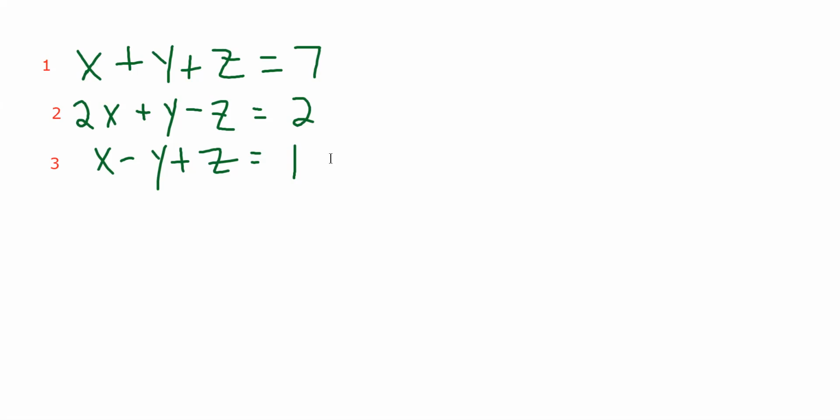So I'm going to write out my steps. I'm going to isolate x here in equation 3. Well, I would need to add y to the other side and subtract z from the other side. So it's going to be positive y minus z plus that 1 that was already here on the right-hand side.